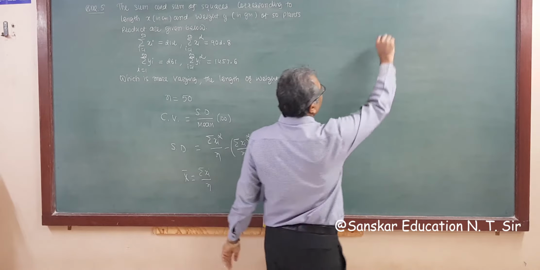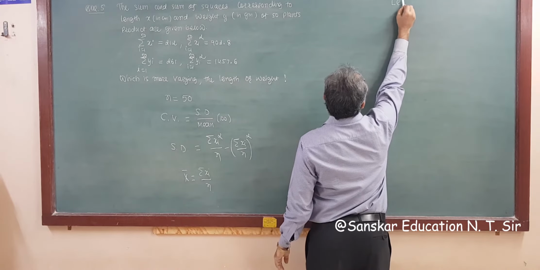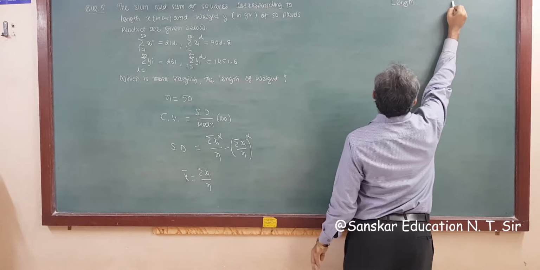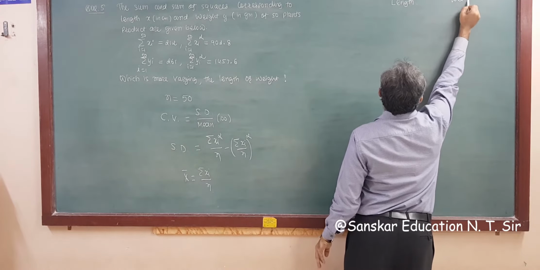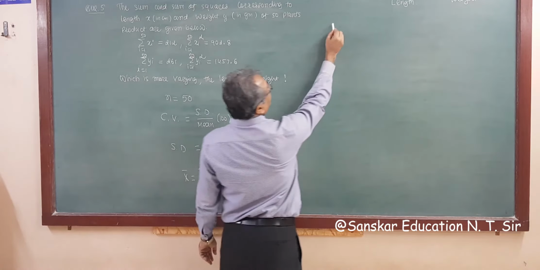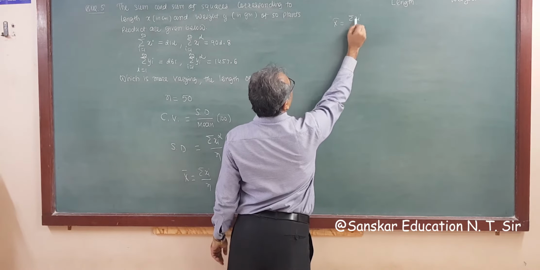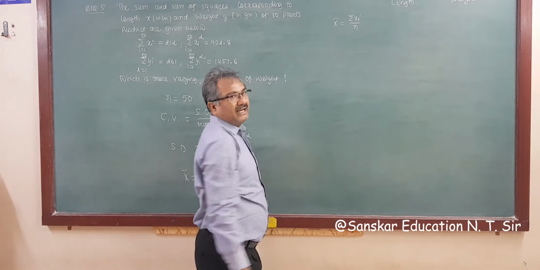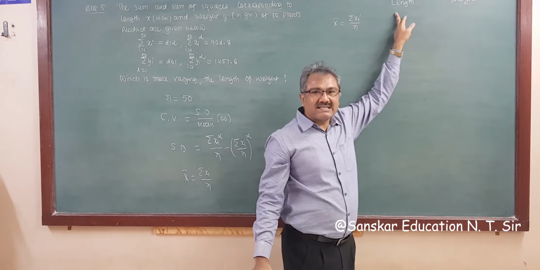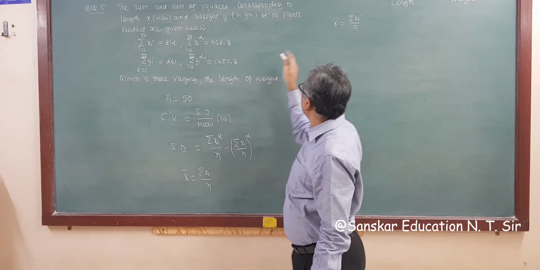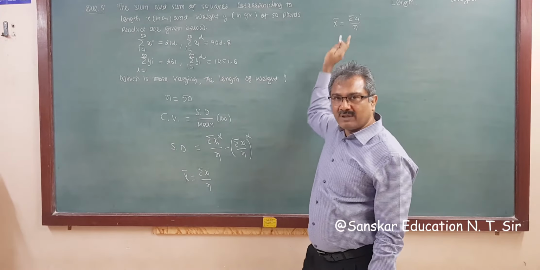So first length, and weight. First the mean for length, x bar equal to sigma xi upon n. Length is given in xi and weight in yi, but this is a common formula.